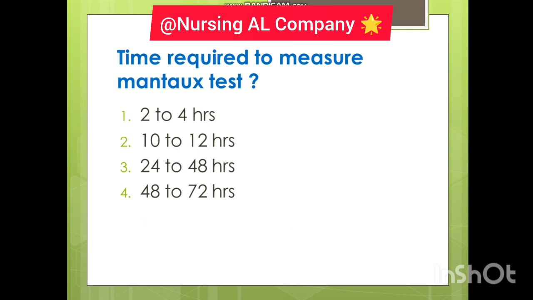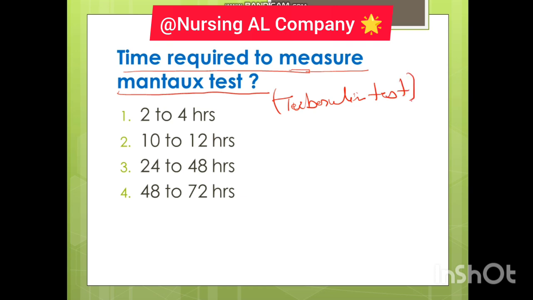Next, the time required to measure the Mantoux test. It is also known as the tuberculin test. So 2 to 4 hours is not the right answer, not 10 to 12 hours, and not 24 to 48.